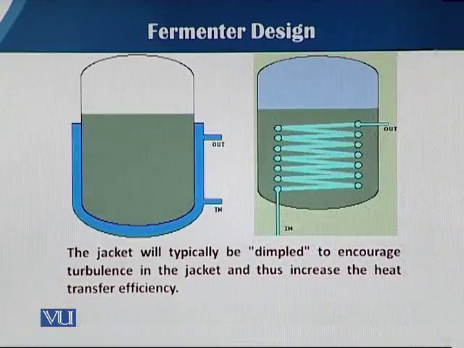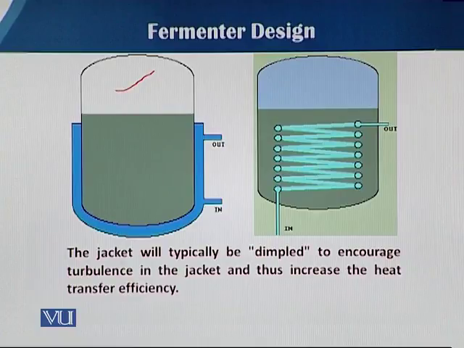But in this slide you can see two types of systems. One is the jacket type. You see the blue color shows the jacket around the fermentation vessel.